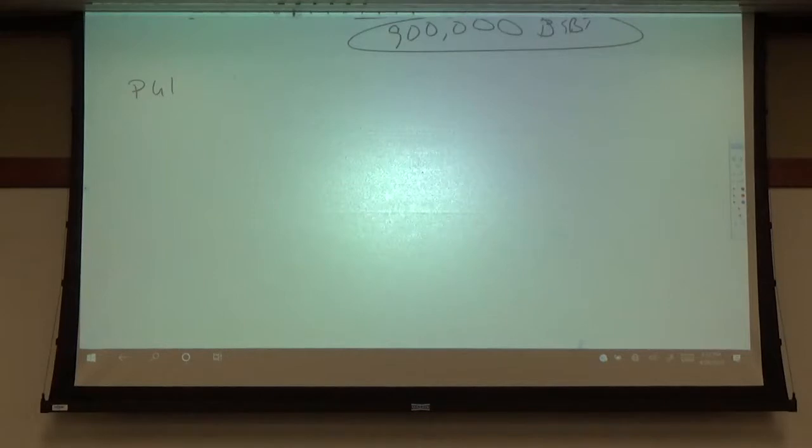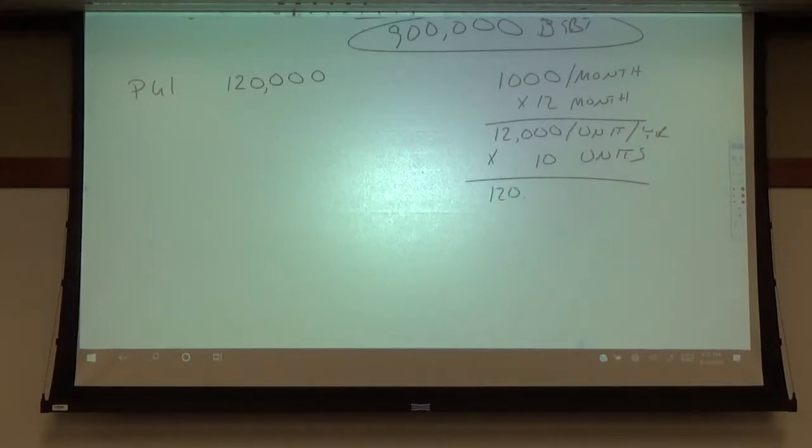Okay, so in this case, the number that I have given you of $120,000 is pretty much simply taking each unit generating $1,000 a month times 12 months in a year, which would be $12,000 per unit per year, times 10 units, which gives you the $120,000 potential gross income.